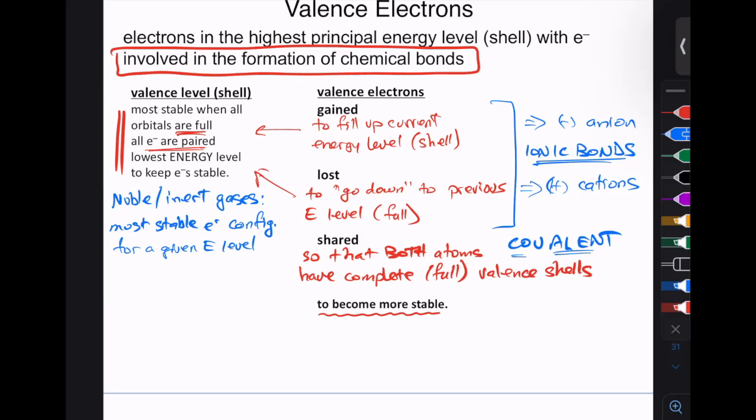That's also why they're called the inert gases. Inert meaning that they don't tend to react with other things. As I've been explaining, the reason chemical reactions happen is so that electrons are gained, lost, or shared to become more stable. So if you're already as stable as you can be, there's no motivation to react with anything. That's why they're inert.